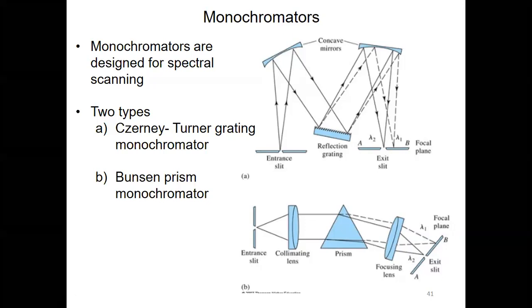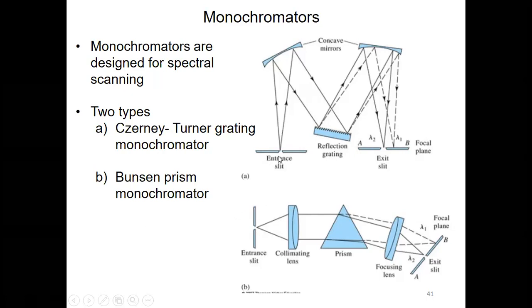When you were kids, I think you did that experiment when you were small. You will be able to see a rainbow when we place the prism. And the same thing happens here in the prism monochromator.